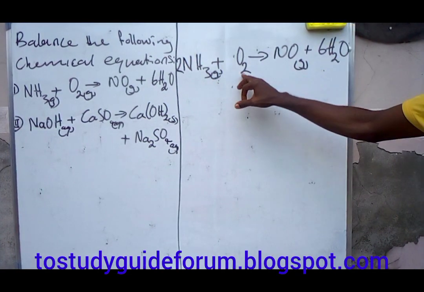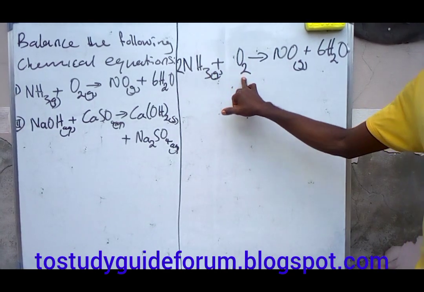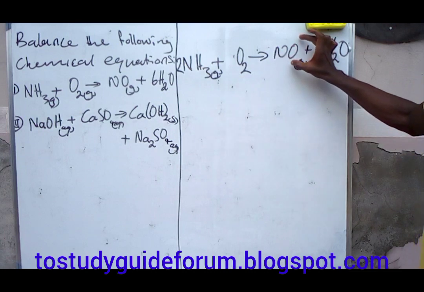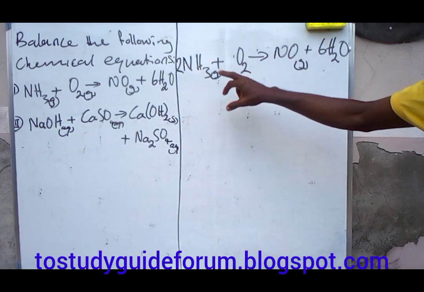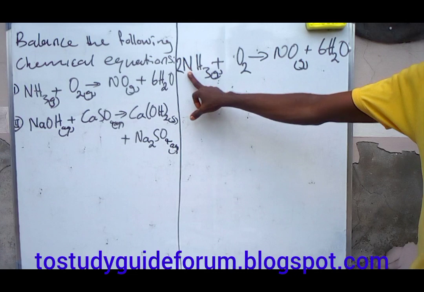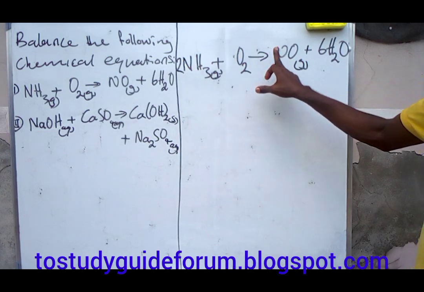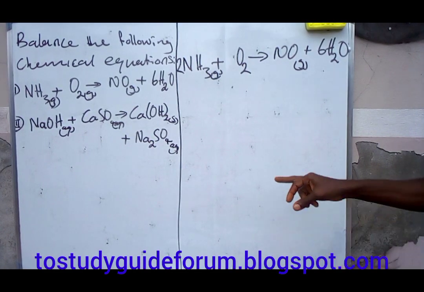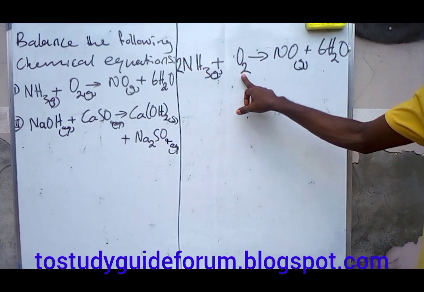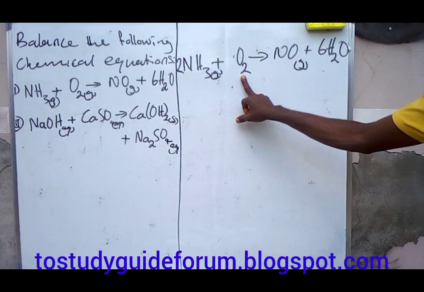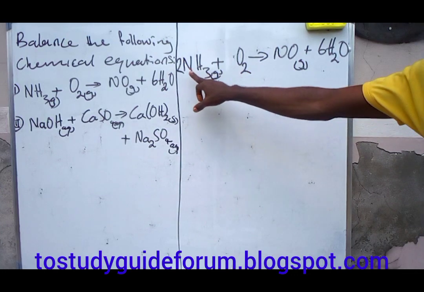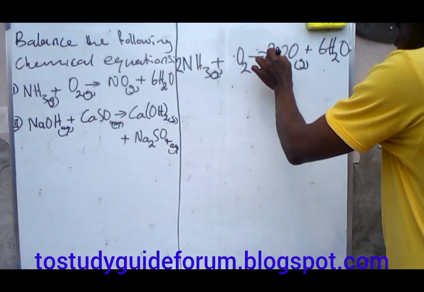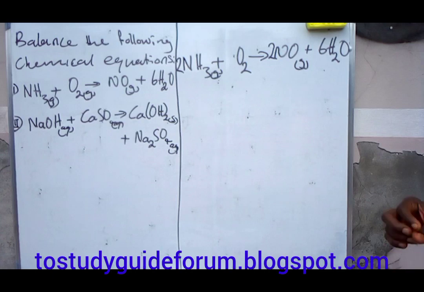And looking at this place, we have 2 atoms of oxygen. There we have a 1. In this place we have 2 atoms of nitrogen, but here we have 1. So what are we going to do to make it work for us here again? If we put 2 here, we make the hydrogen 2. Do you understand? We make the oxygen 2 and then nitrogen 2. So to balance this chemical equation, the next thing we do is add 2 here. So what we have now is a balanced chemical equation.